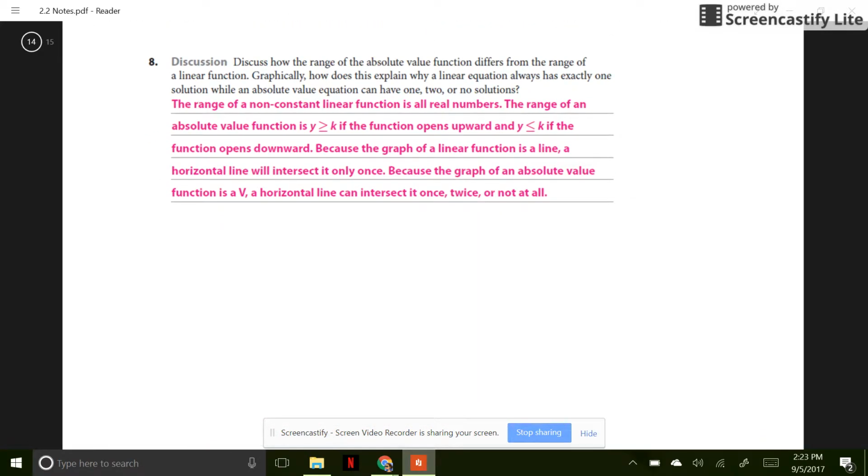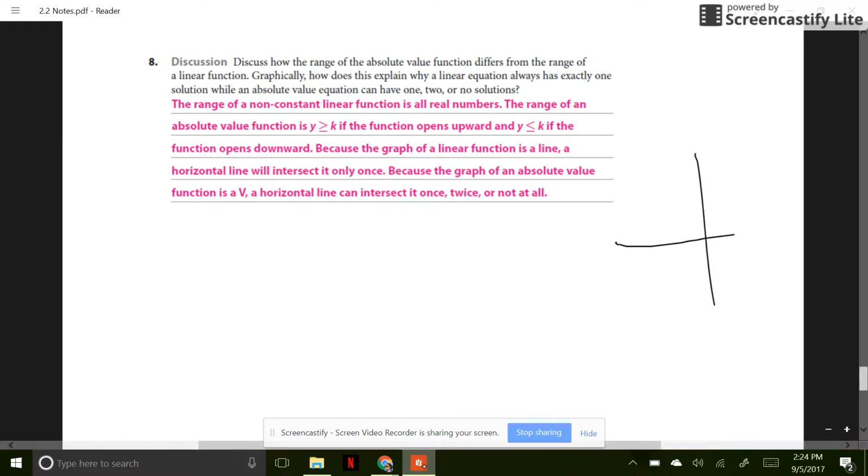So if we want to look at the range of the absolute value function and how it differs from the range of a linear function. So the range of a non-constant linear function is all real numbers. If I were to draw a linear function, a line, the range here, the possible y values we can have is going to be all real numbers because any value of y would work.